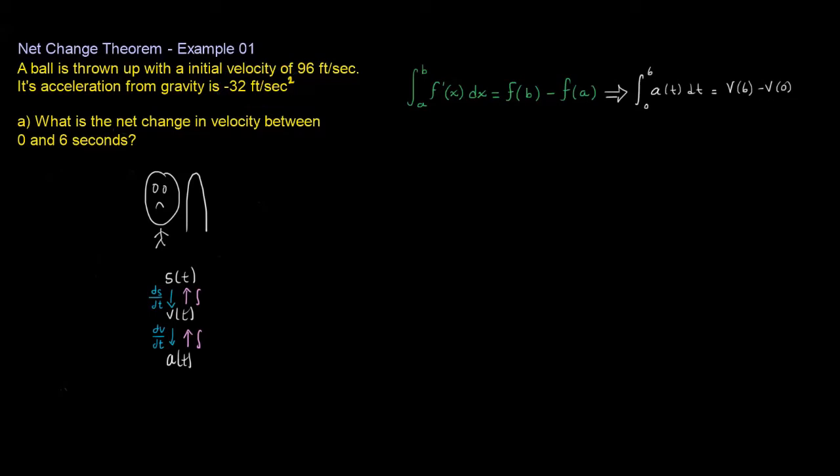So here in the center, it would be the integral between 0 and 6 of the gravity, negative 32 feet per second squared, dt. Now this is a constant, so its antiderivative would be negative 32 feet per second squared times the time.